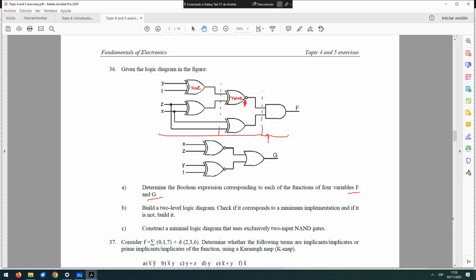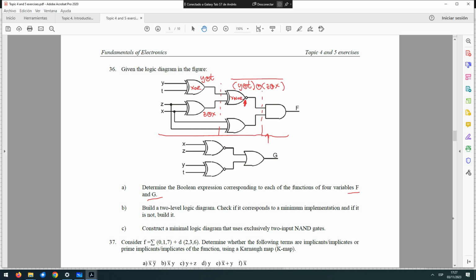So here we have the XOR of Y and T, and here we have the XOR of C and X, and here at this point we are going to have the XNOR of both expressions. The XNOR is an XOR just negated.